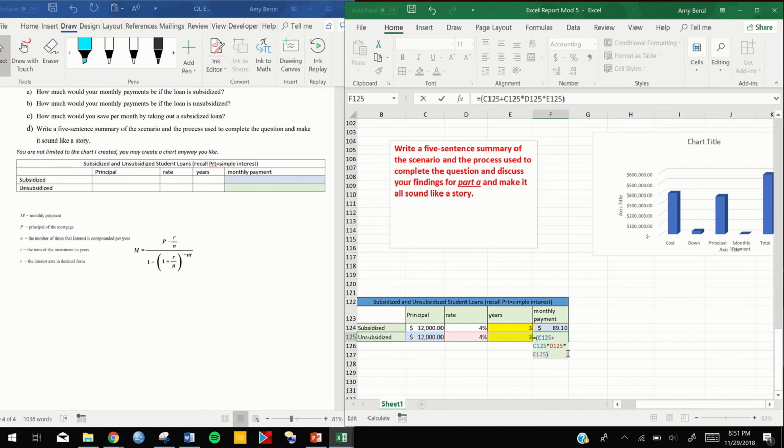All right, and then that is going to be applied to, again, I'm just going to go ahead and hit enter. And now I get to just copy this whole thing because it's all of that except what? What's different? This right here, this C124, that's my principal, $12,000. But now my principal is $12,000 plus the interest because I'm not going to pay on my loan while I'm in school. I'm going to pay on my loan when I get out of school.